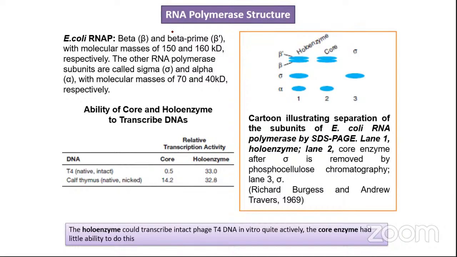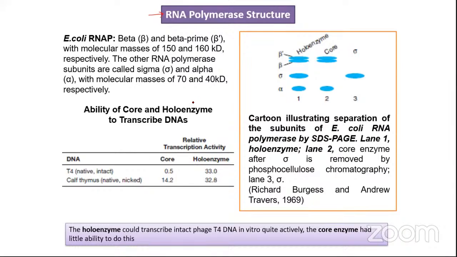As we have seen in the previous slide itself, the synthesis of a new RNA molecule is catalyzed by an enzyme called RNA polymerase, and hence it became a very important scientific requirement that one should know something about what RNA polymerase is, how it looks like, and what parts or subunits of RNA polymerase exist.